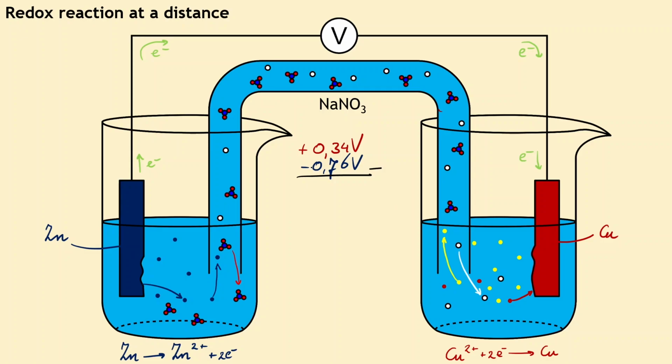Beware, minus 0.76 minus, thus 2 times minus, so you will have to add them, and you will get plus 1.10 volts. Beware, you used standard electrode potentials to calculate these, which are measured at standard values of temperature, of pressure, and of concentrations of ions in solution. So if those values deviate, also this potential can differ a bit.